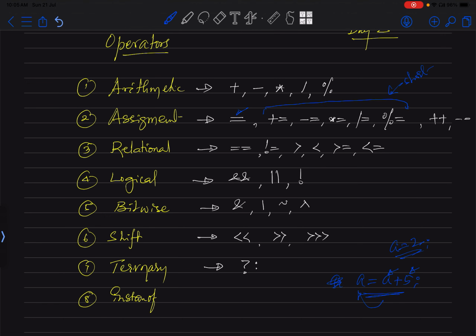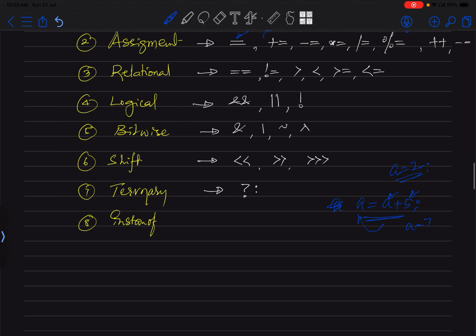So now after this operation, a value is going to be 7. That's what a equal to a plus 5 means: increment the value of a by 5.